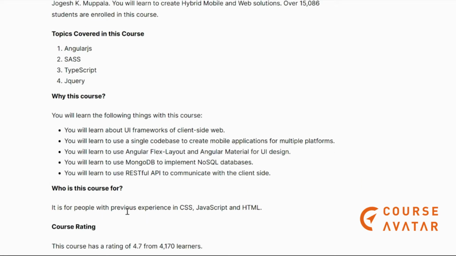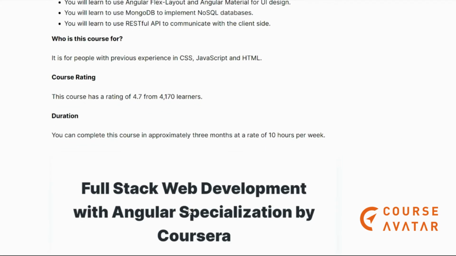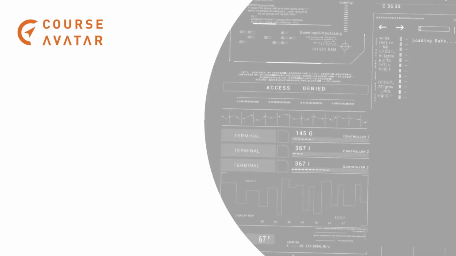This course is especially for people who have previous experience in CSS, JavaScript, and HTML. If you want to learn this course, go and check out the link given below in the description box.